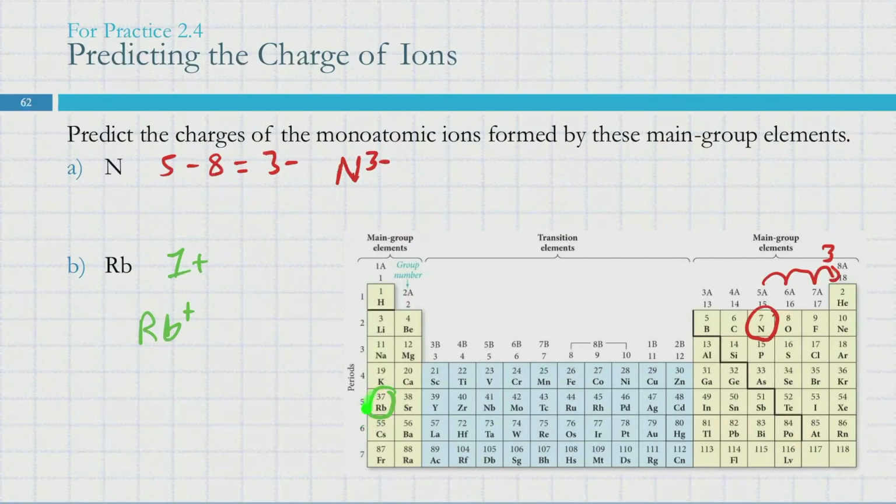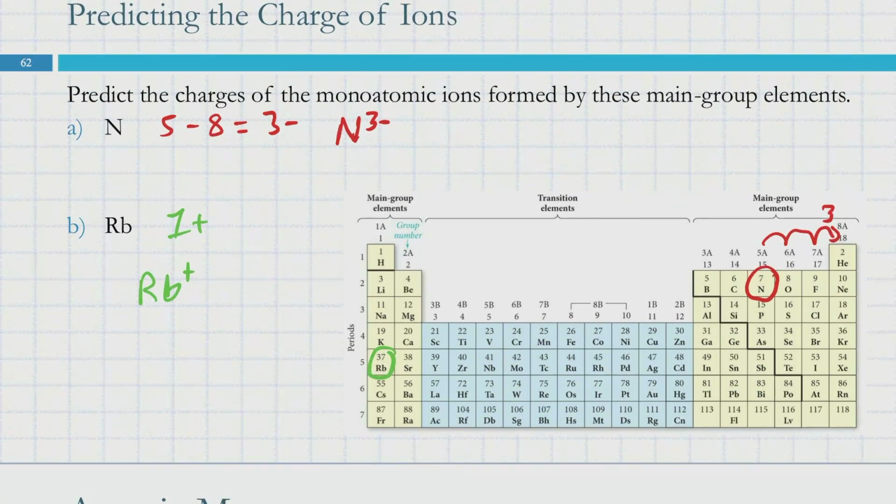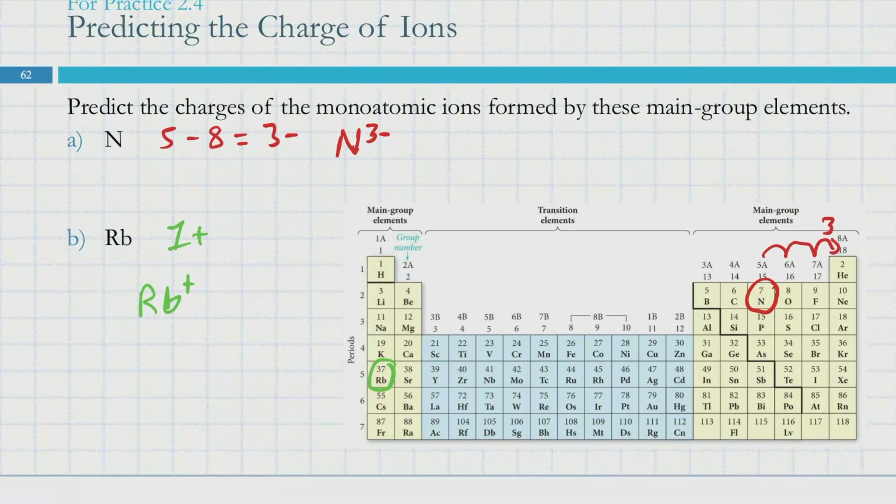So rubidium, when it forms an ion, will have the same number of electrons as krypton, the previous noble gas, the closest noble gas, which is 36. So it loses 1. These ones also work, you're just counting the other way. So how many places does it move over to get to where the noble gases would be if we shifted things over? Questions about ions? These are just some of the ions that you get to memorize.